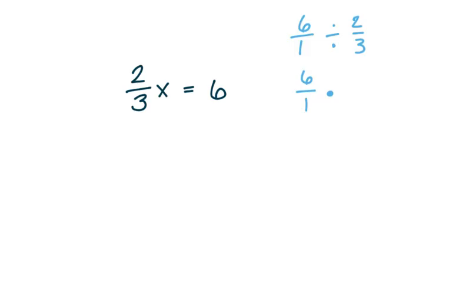We would change this to a multiply, and then we would flip the second fraction. So when we are solving, it is so much easier if we just skip right to the change flip part. And so when I am doing a fraction, I'm going to multiply both sides by that reciprocal. Remember, that's the math term for a flipped over fraction.